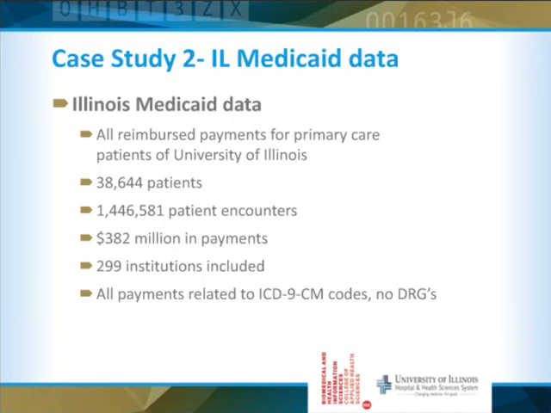So, moving on. Case study 2. We took an Illinois Medicaid data set. We had 38,644 patients with 1.4 million patient encounters, $382 million in payments. So almost 300 institutions included. So is this representative of the whole country?